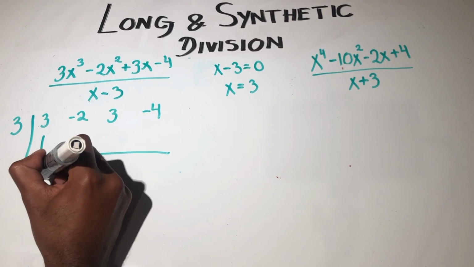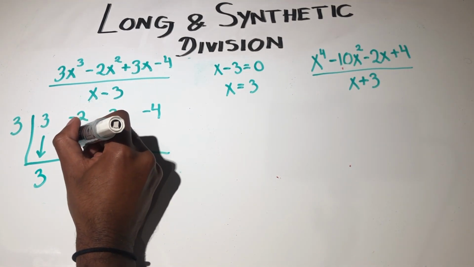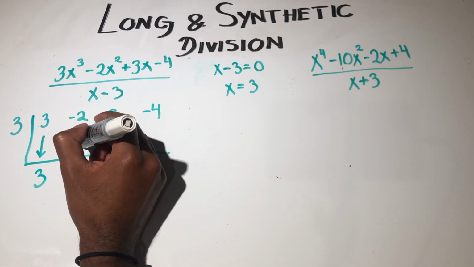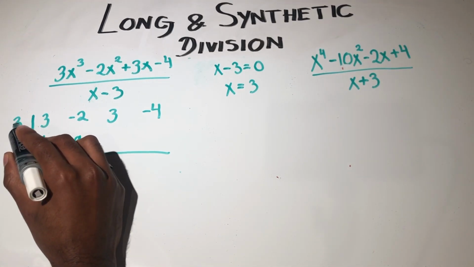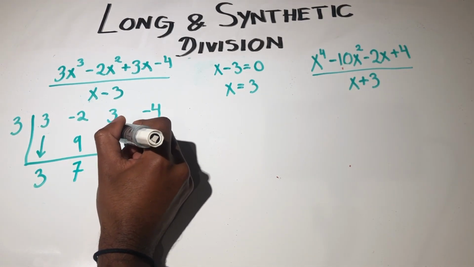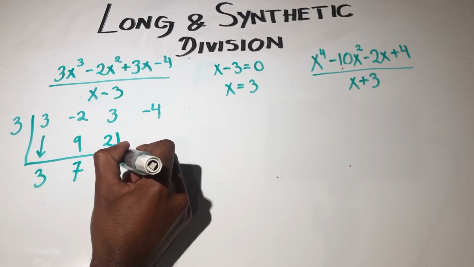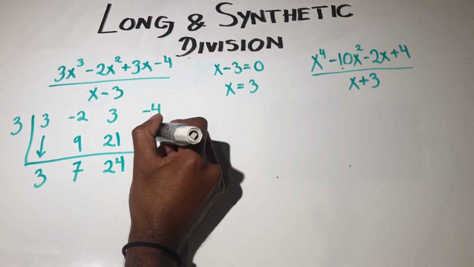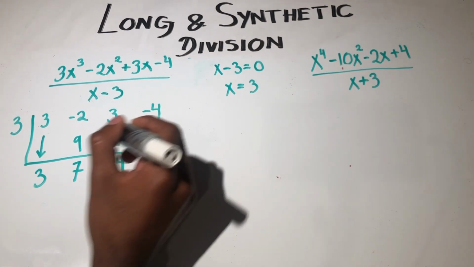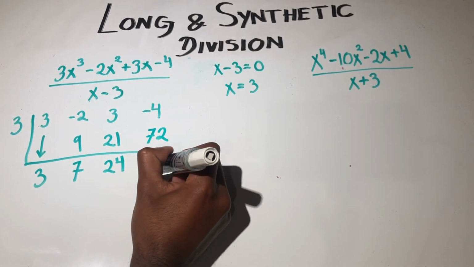So bringing down 3, we have 3 times 3 is going to give us 9. -2 plus 9 is going to give us +7. 7 times 3 is going to give us 21. 3 plus 21 is going to give us 24. 24 times 3 is going to give us 72. And then -4 plus 72 is going to give us 68.